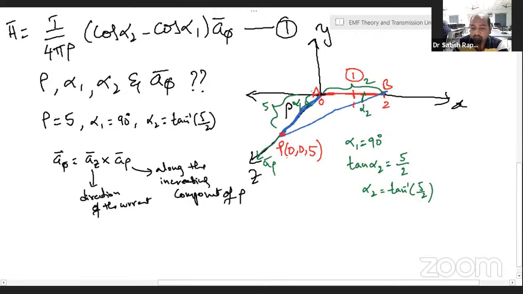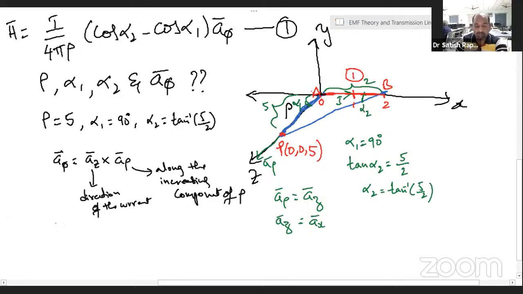So therefore, arrow bar is equal to az bar, and az bar is the direction of current. So what is the direction of current? So this is the direction of current, I, which is along the x-axis. So therefore, az bar is equal to ax bar, right?